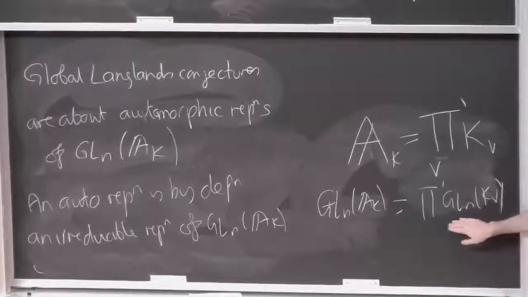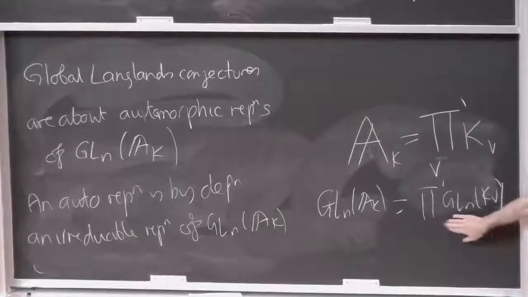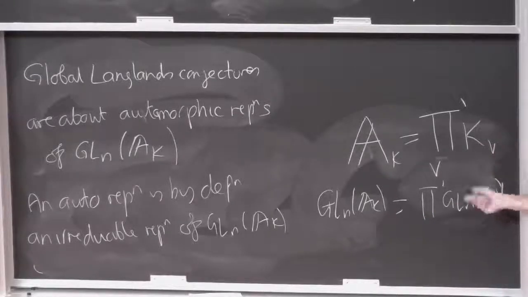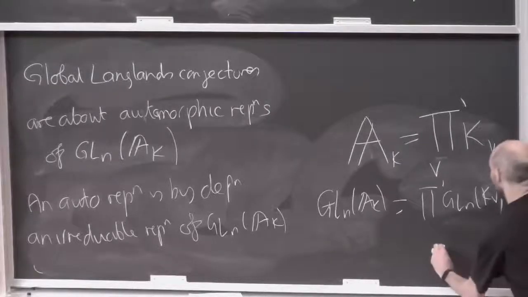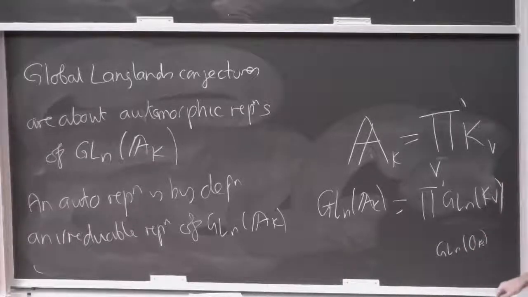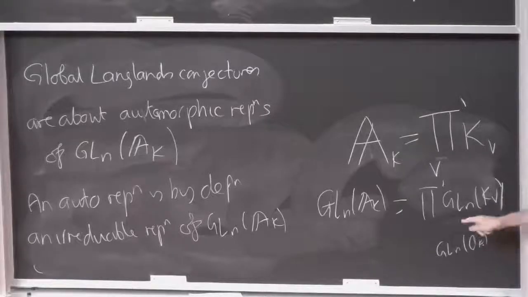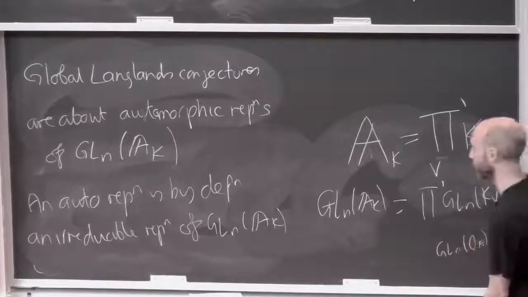And in fact, that's exactly what it is: matrices in GLN of KV for all V, such that for all but finitely many V, you're in GLN of OKV. For each V we have an element of GLN of KV, and for all but finitely many V we're in GLN of OKV. That's what it is, but don't think about it like that. Just think about it as a product of a load of groups.